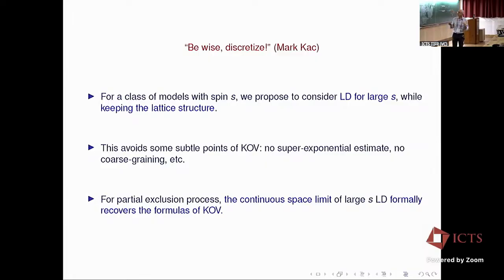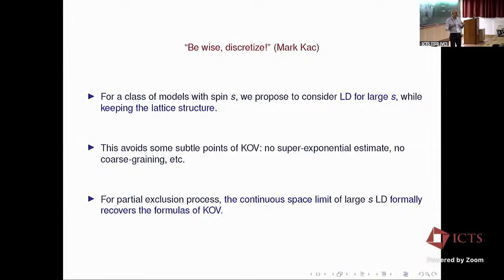So we scale the time, of course, and also the state space with the spin variable, and then first formulate a large deviation principle on the lattice. This avoids all the subtle points which are related to coarse graining and the super exponential estimate.